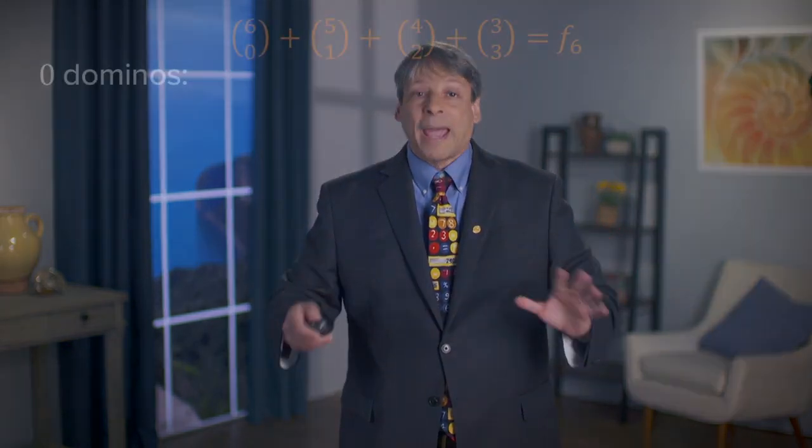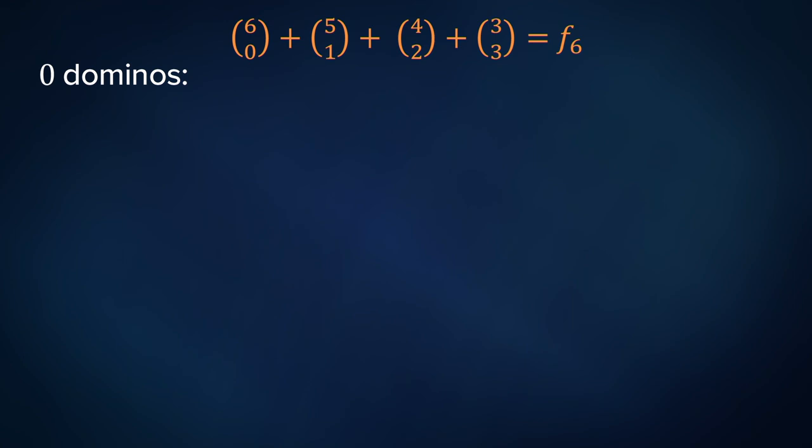Since the tiling has length 6, we can either have no dominoes, 1 domino, 2 dominoes, or at most 3 dominoes. So we'll look at each case separately. If there are 0 dominoes, then there's just one way to tile the strip using 6 squares, right? I'll denote that by SSS, SSS. Note that 6 choose 0 is 1, which is the first term in our sum.